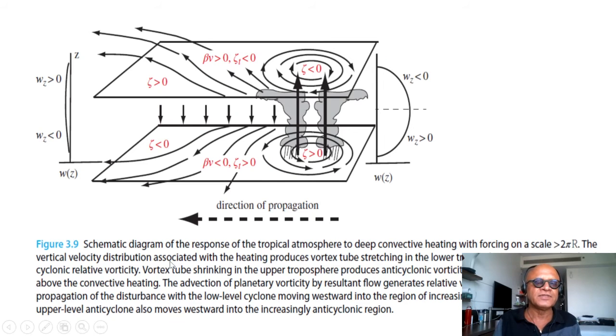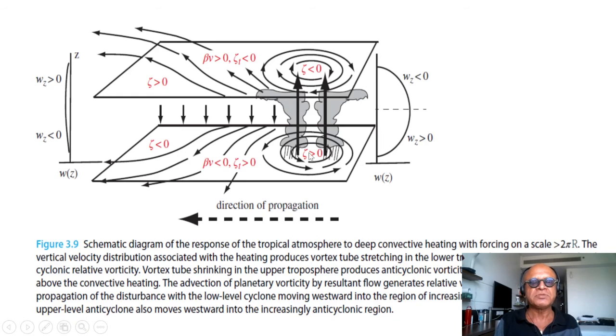Okay, this is a schematic diagram showing the response of the tropical atmosphere to deep convective heating that we looked at briefly in the case of geostrophic adjustment. The forcing scale here is greater than the Rossby radius, so the mass perturbation is large enough that the winds adjust to the perturbation, as we saw before.